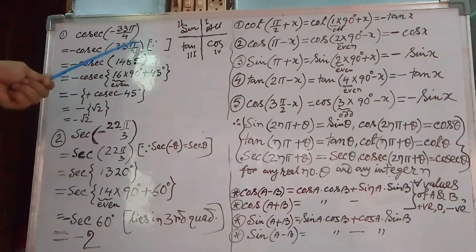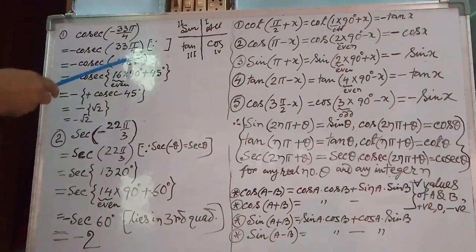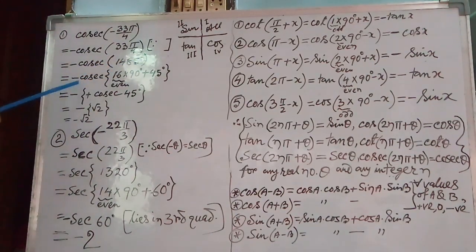Put the value of pi equal to 180 degrees, then you will get minus cosec 1485 degrees. Now what to do?